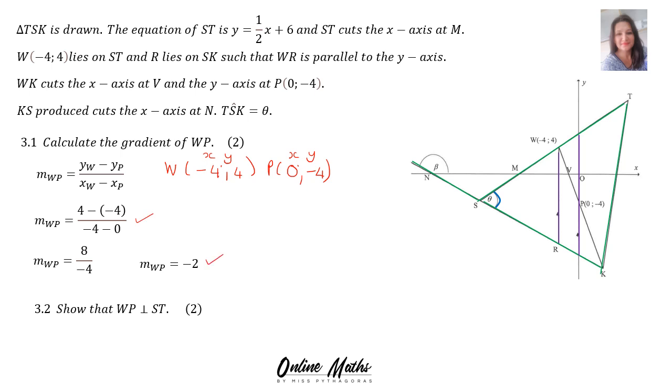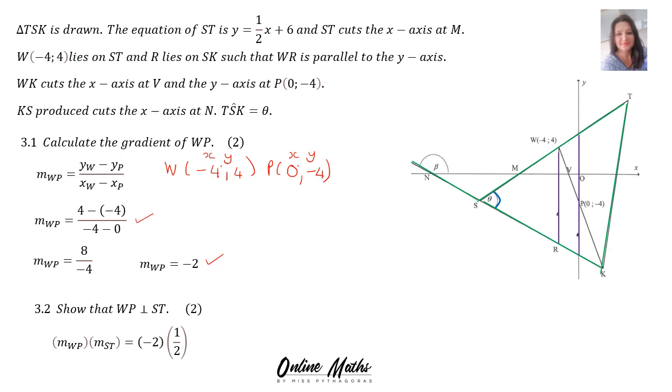3.2. Show that WP is perpendicular to ST. So what we need is that the gradient of WP times the gradient of ST must give you -1. Then we know that they are perpendicular.